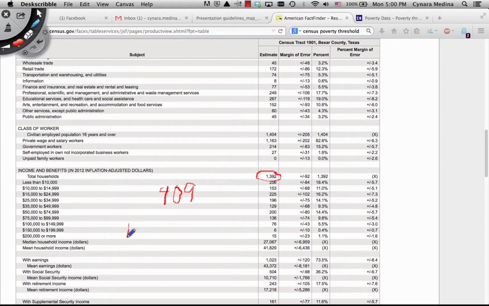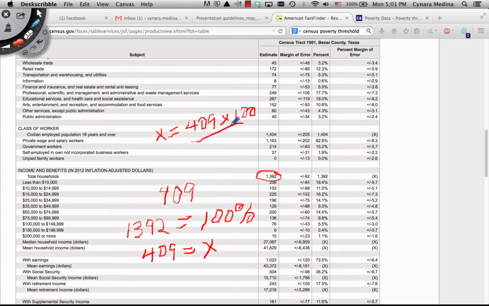So this is just basic math. 1392 equals 100%. 409 equals X. So that means that X equals 409 times 100 divided by 1392, and that should give you the percentage of households that live below the poverty line.